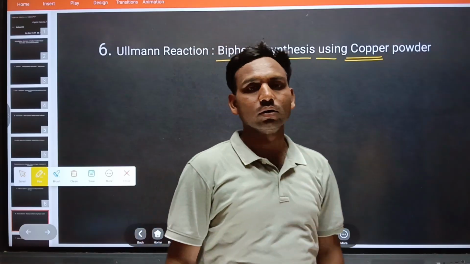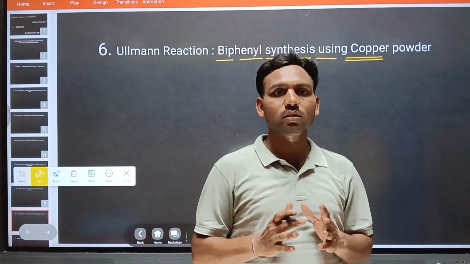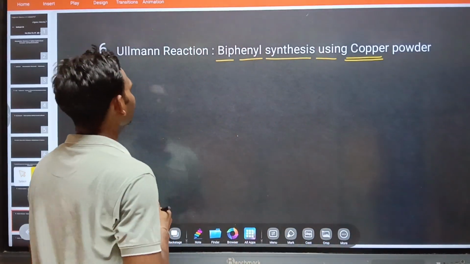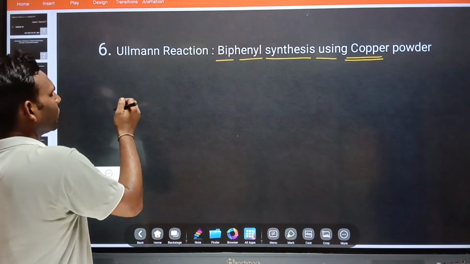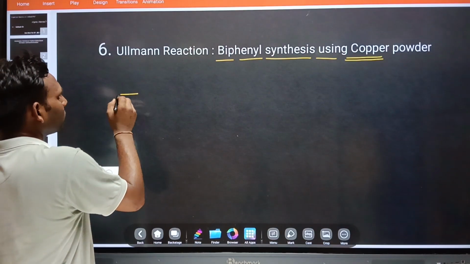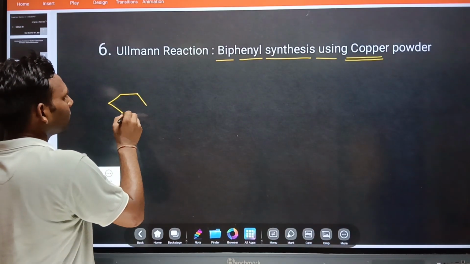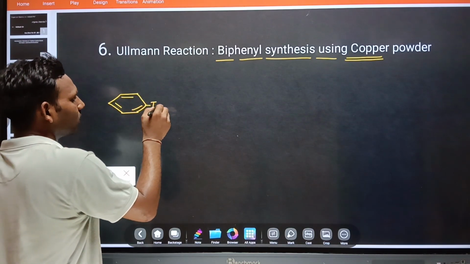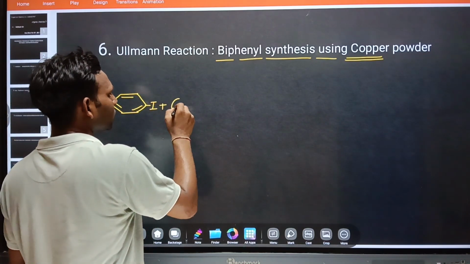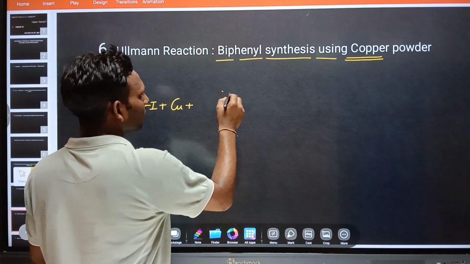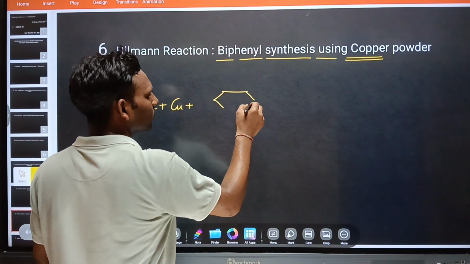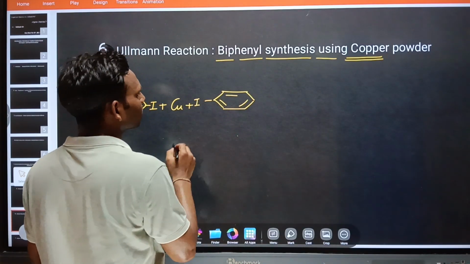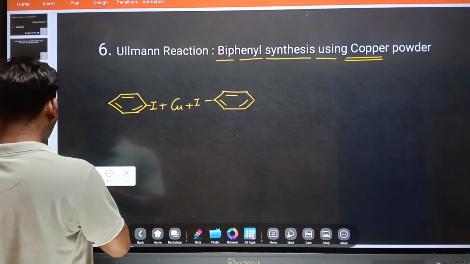So this reaction is a metallic reaction because copper is used. Biphenyl, two phenyl groups. Phenyl groups generally take the iodide, phenyl iodide plus Cu plus phenyl iodide.